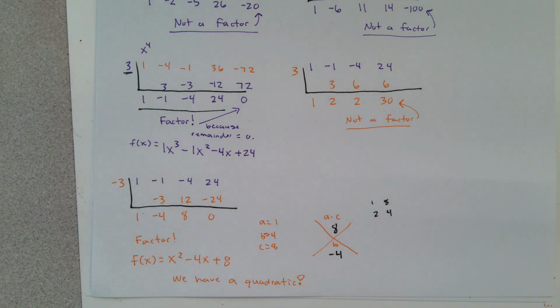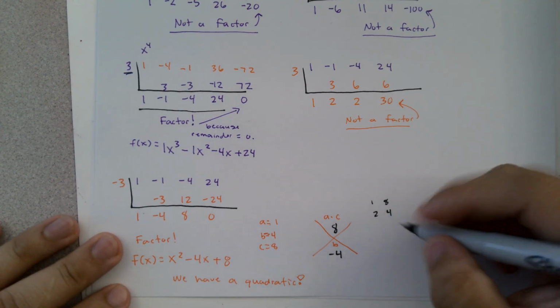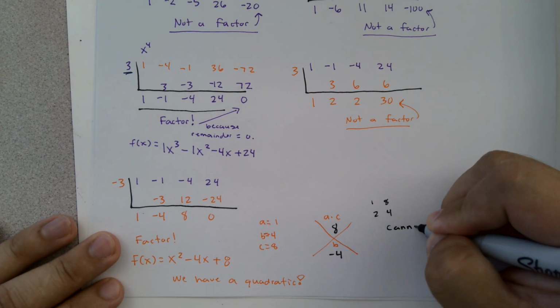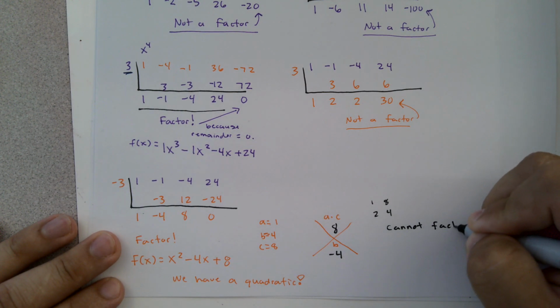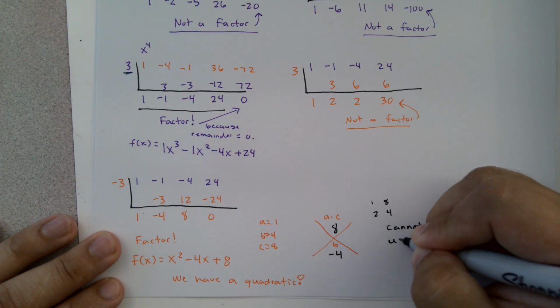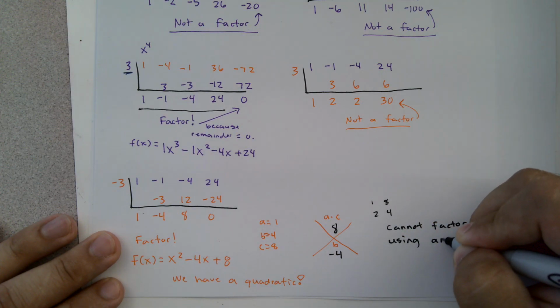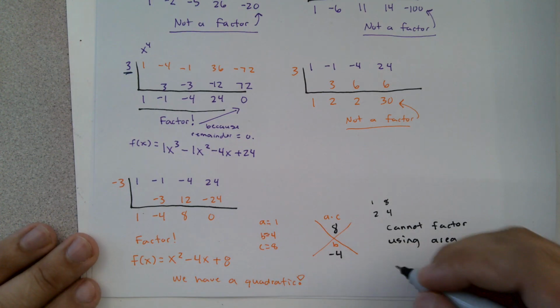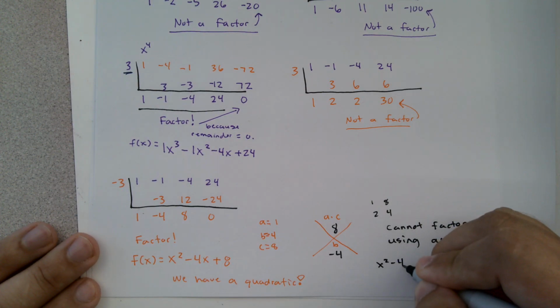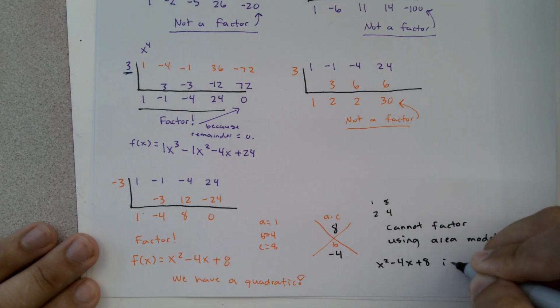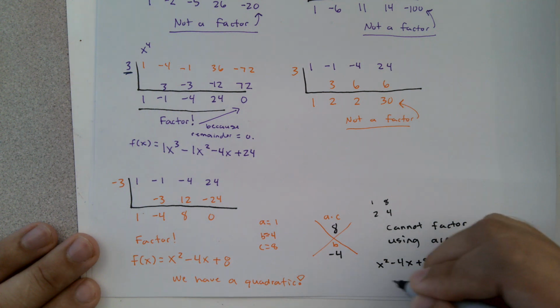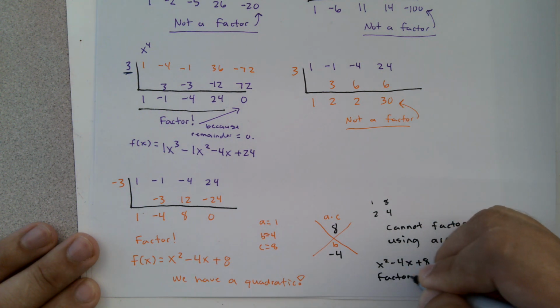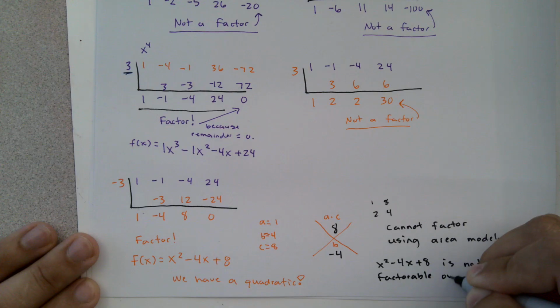The answer is no. You cannot factor this using the area model. The mathematical reason for that is x squared minus 4x plus 8 is not factorable over the reals.